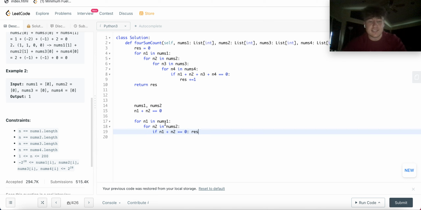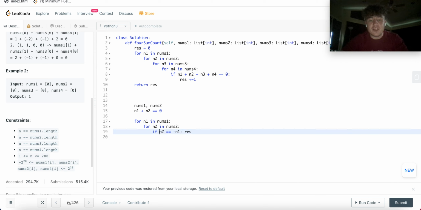Now, another way of stating this: n1 plus n2 equals 0. That's the same thing as saying we can subtract n1 from both sides. This is an algebra equation, so I can restate this: n1 minus n1 goes away, and 0 minus n1 is negative n1.